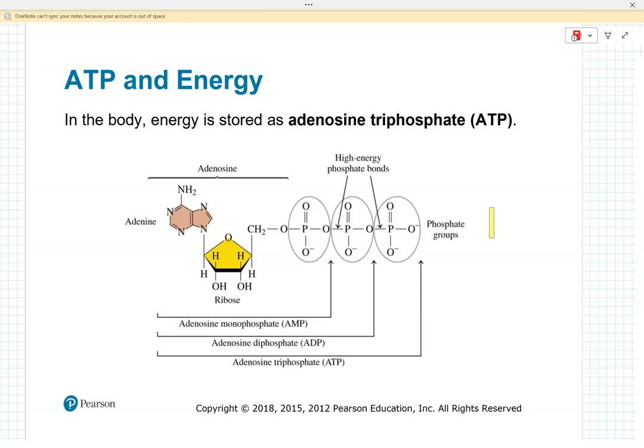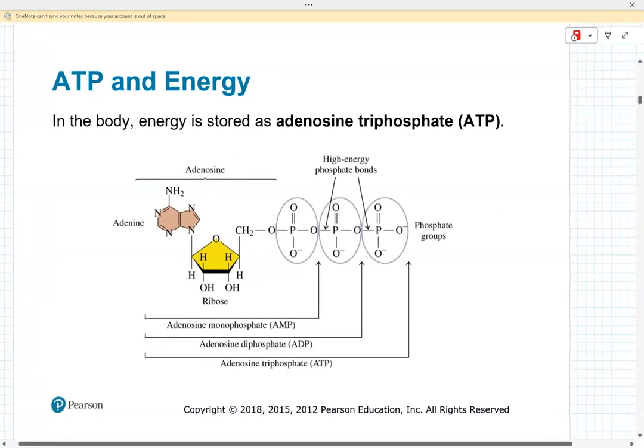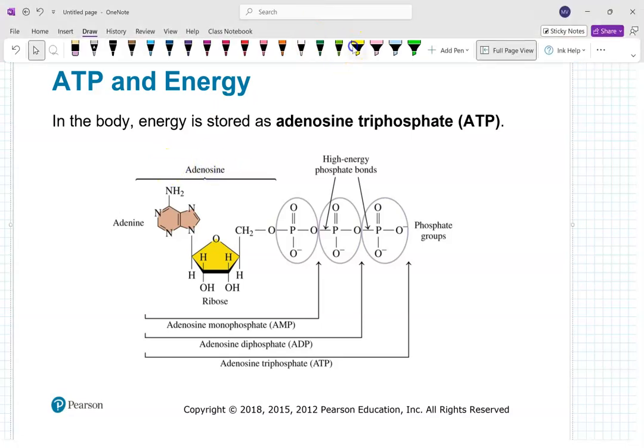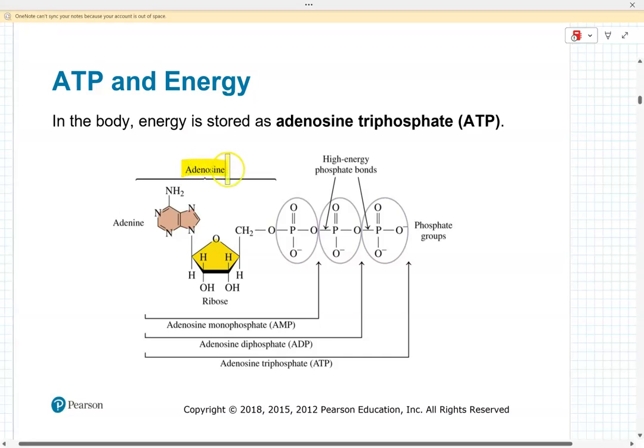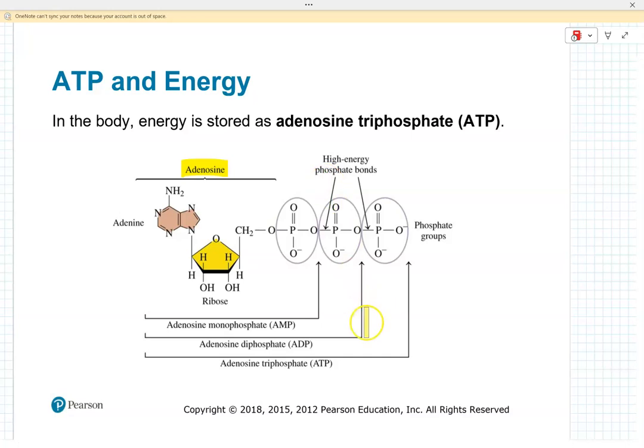So what is ATP? You have adenosine, the nucleoside, and you can see that on the 5' carbon there are 3 phosphates. Am I making sense? So the energy is stored in the bonds between the gamma, beta and alpha groups.